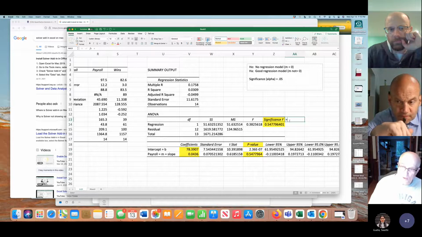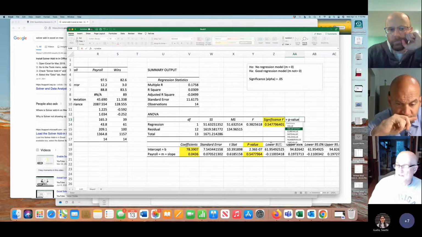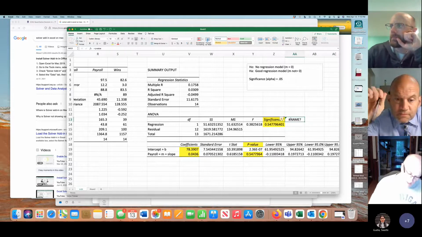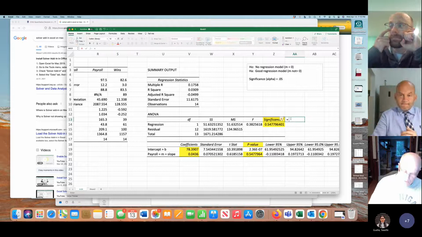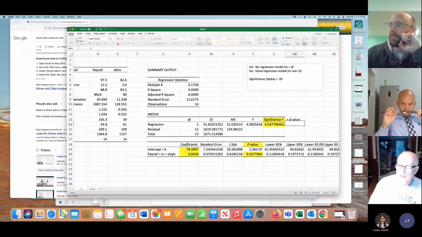Significance also equals a p-value. P-value is a calculated significance, is another way of looking at it. I mean significance equals p-value. So I'm not putting a formula in.